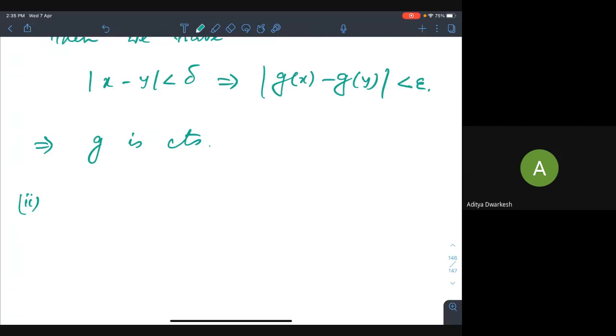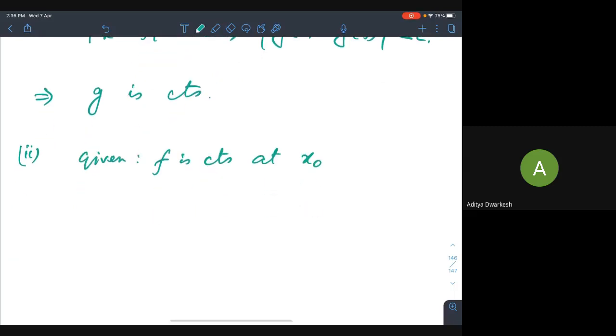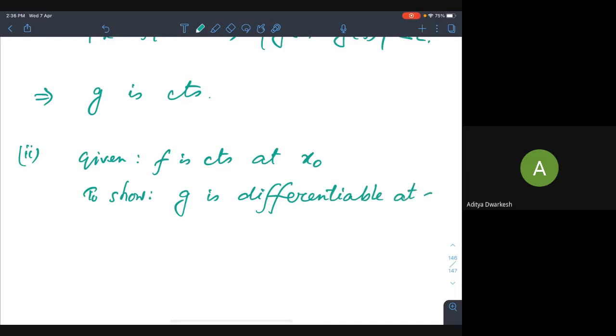Let's look at now: given f is continuous at x naught, to show G is differentiable at x naught. To show G is differentiable, you need to look at the quotient (G(x naught plus h) minus G(x naught)) by h, and then you calculate.